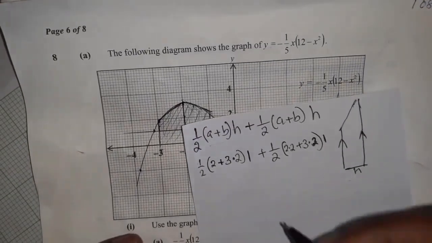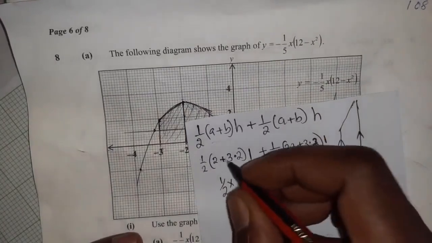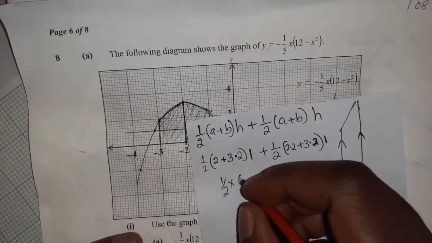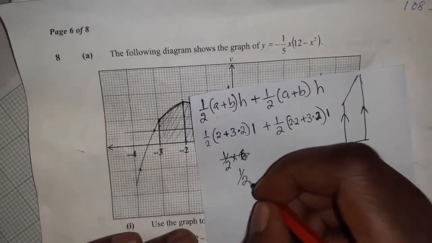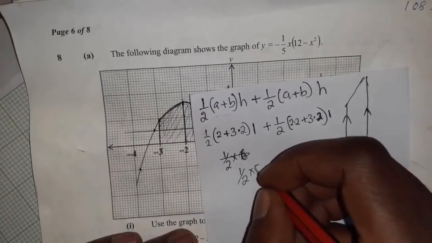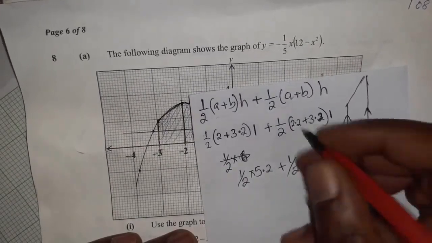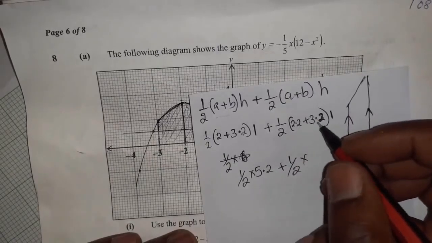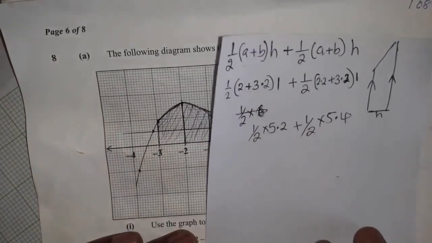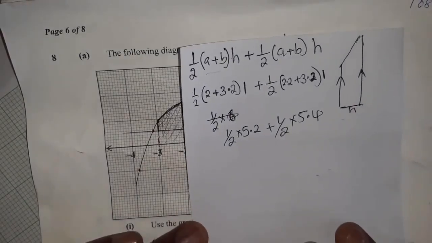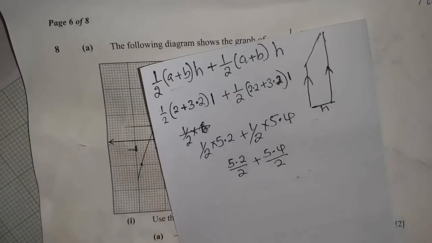Okay, so here basically we are dealing with 1 over 2 multiplied by, what do we get here? 5.2 plus 1 over 2 multiplied by, what are we getting here? This is going to be 5.4. So we can calculate this and see what we are going to get.